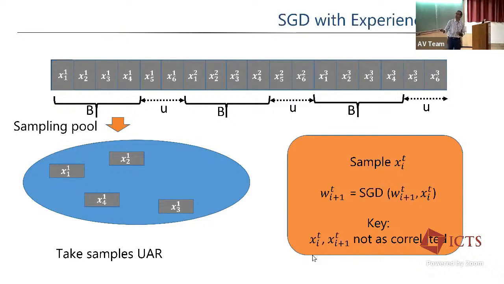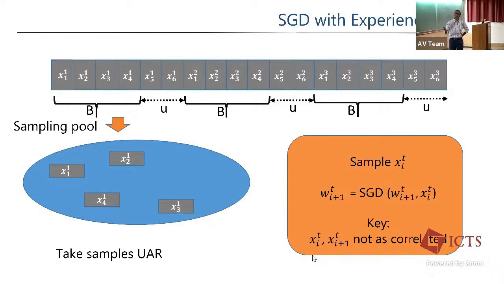So the idea is very simple. You take a pool of points or a batch of points, and when you're running SGD, you would just go through them one by one. But here we are saying that we will not do that. We'll take this batch of points, and for the next point from this batch, we will take 1 point uniformly at random, and we will feed it to SGD.